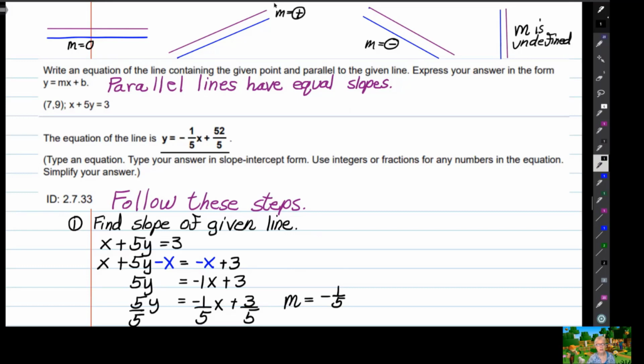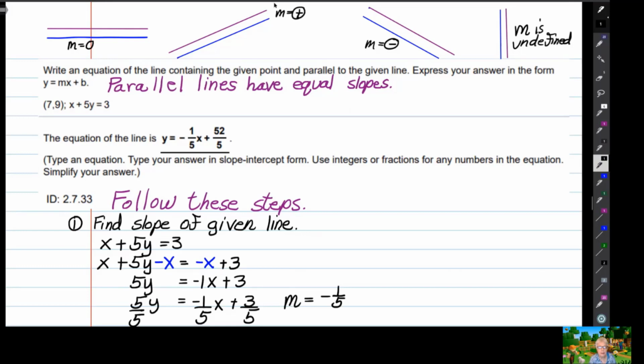The slope of vertical lines is undefined because the slope is much too large to be measured. That's the reason, if you're interested. Meanwhile, let's get to parallel lines. Parallel lines have equal slopes. That's very important. Because what we're going to do is this.